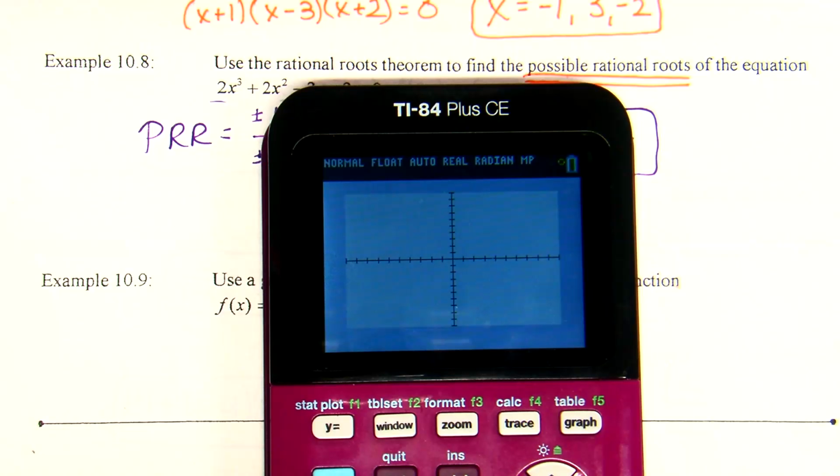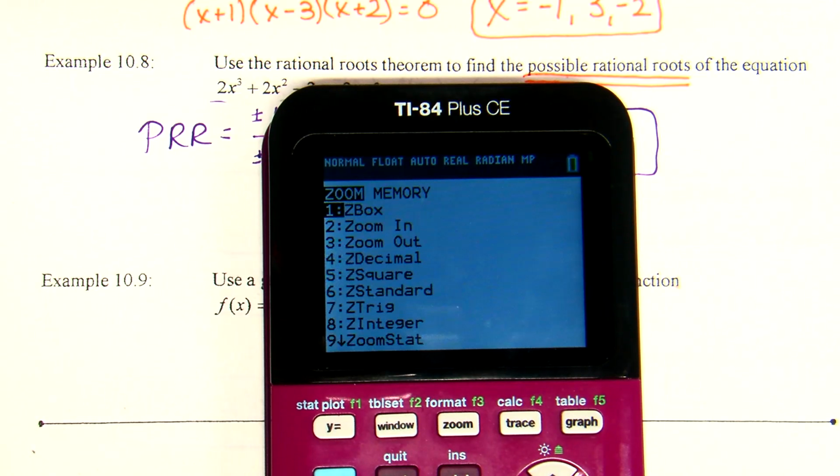Okay. What can you tell about this? Looks like there's 3. Are you 100% sure? I mean, okay. And so my reasoning for asking that is, I taught a way to zoom last year. I like ZBox here, which if you go into the zoom menu, ZBox is number 1. And why ZBox?